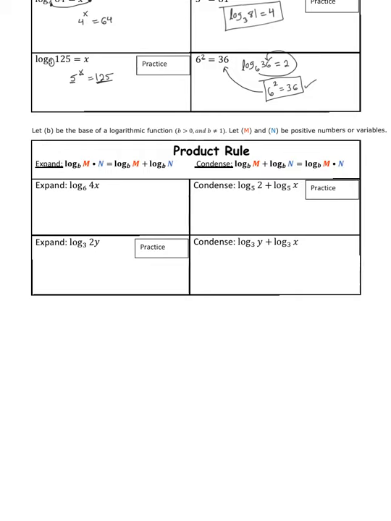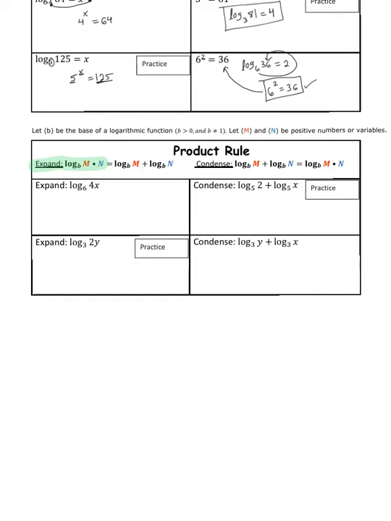You can either be expanding a logarithm, meaning that you have a single logarithm with 2 things, in this case m and n, that you're multiplying together, and you're breaking it apart into 2 separate logarithms. So if you see log base b and then 2 things being multiplied, I want you to think expand and product rule. We say product rule because you're multiplying.